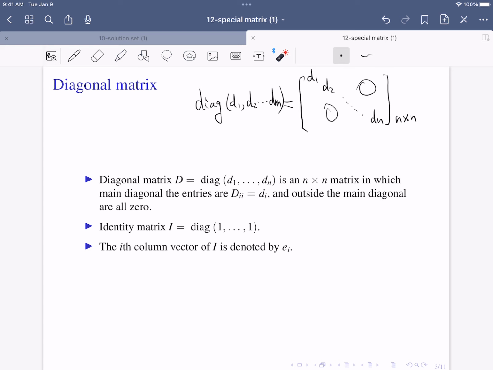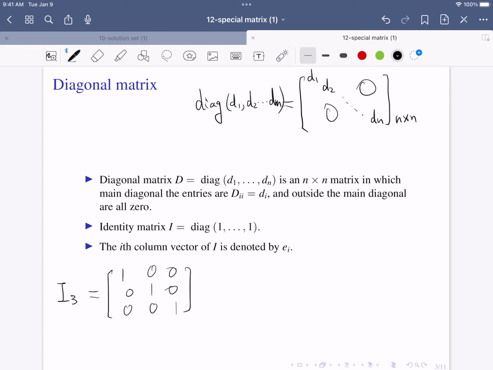And the ith column of the identity matrix is denoted by Ei. This has been introduced before. So Ei is a special vector. For example, if you have a 3 by 3 identity matrix, we can write this as I3.